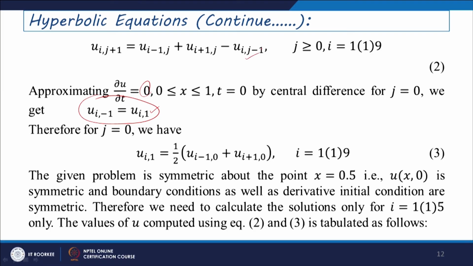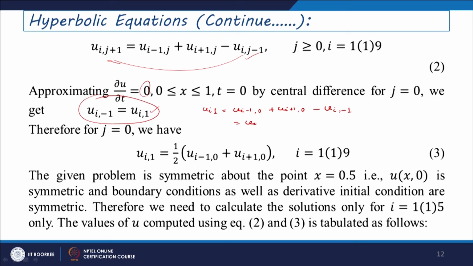So, that is why it can be written as half of u(i-1, 0) plus u(i+1, 0), since this is considered at this level here. So, directly if you write this equation, this can be written as u(i, 1) equals u(i-1, 0) plus u(i+1, 0) minus u(i, -1) here.